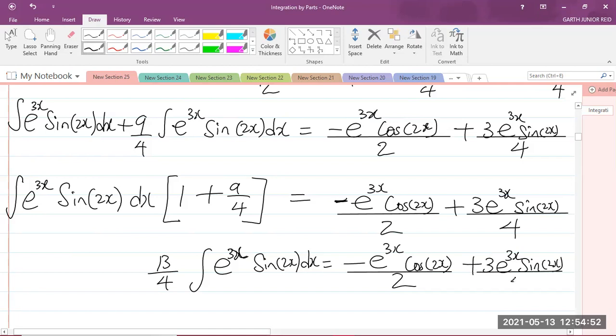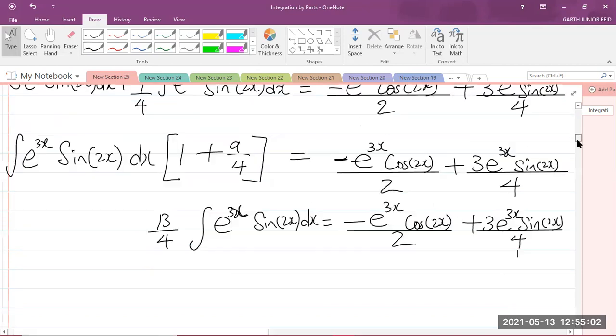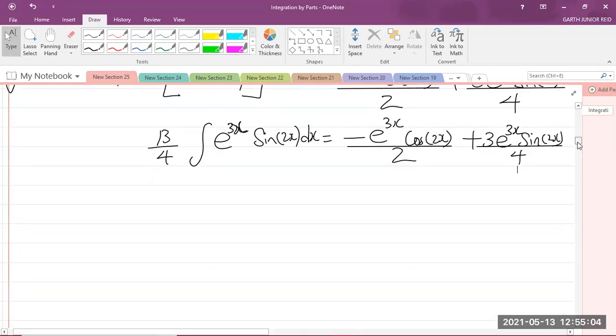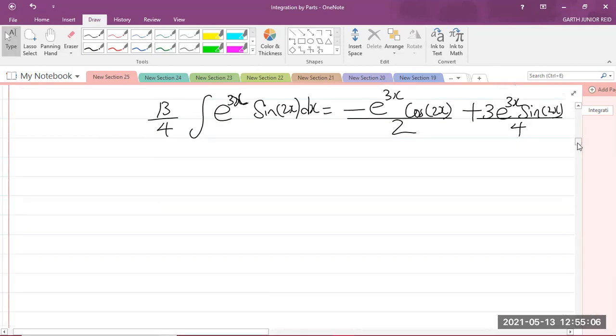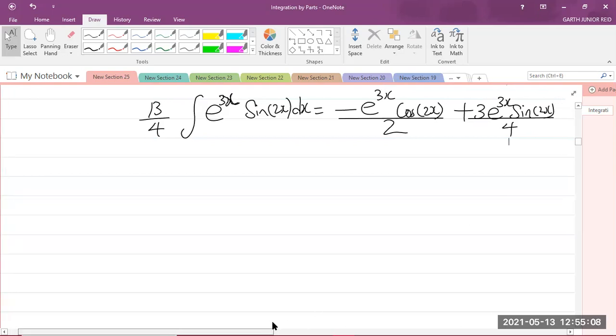Okay, good. Now remember, the question asks us to find the integral of e to the 3x times the sine of 2x dx. So I will need to get rid of the 13 over 4. So what I'm going to do is divide both sides of this equation by 13 over 4.